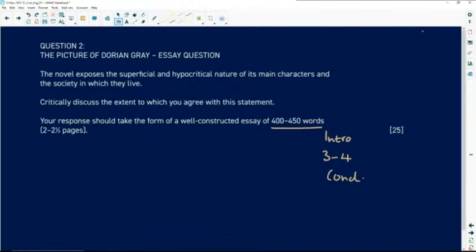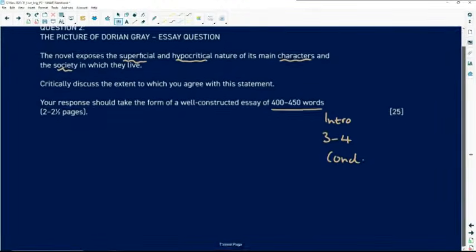What is our key? What are we looking at? Superficial, hypocritical, characters, and society. So when you plan an essay like this, you are going to use the story.